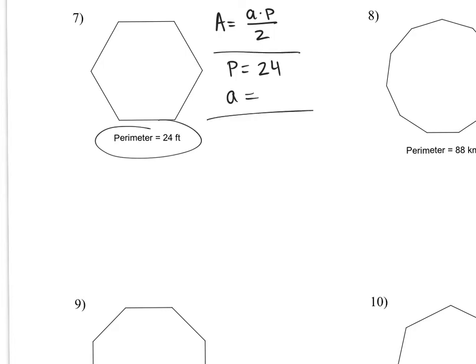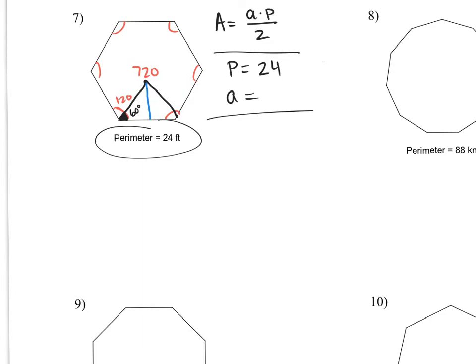I know that all 6 angles of a hexagon add to 720 degrees, so one angle by itself, 720 divided by 6, is 120 degrees. If I put my little triangle in coming from the center, I'm only using half of that angle, which is 60 degrees.